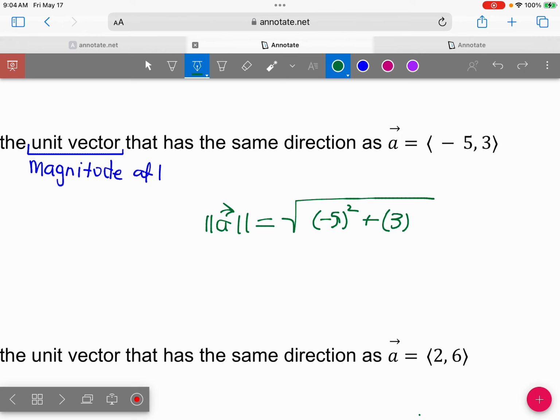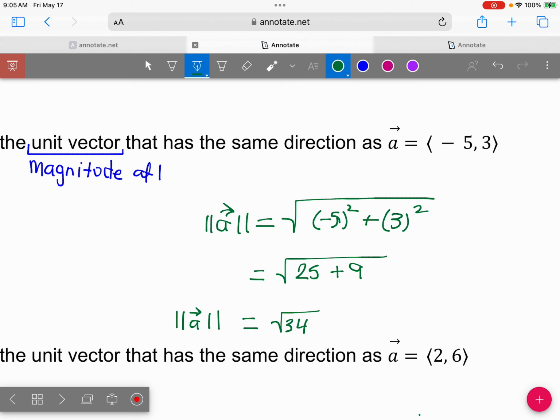Gosh, my handwriting is trash today. There we go. So our magnitude of A is going to be the square root of 25 plus 9. So our magnitude is going to be the square root of 34. That's the magnitude of A.